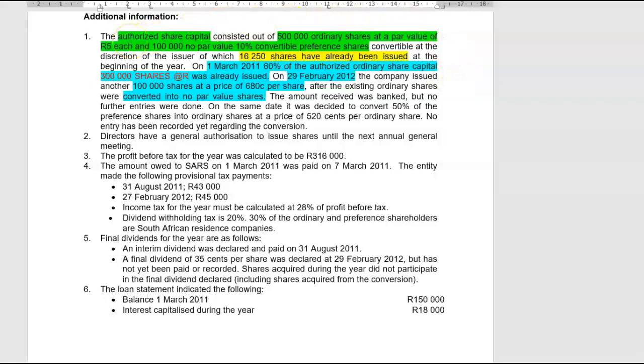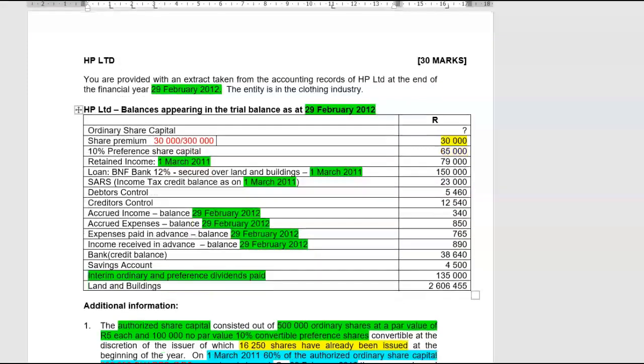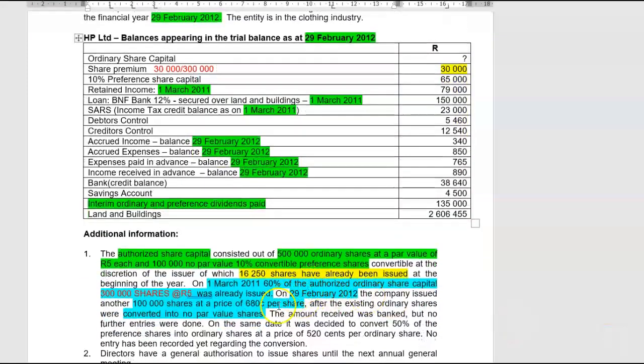Because that was the par value, and only the par value of the shares could have been taken to the share capital account. They actually give me share premium as at the beginning of the year. So what does that mean? That means that the share premium account of 30,000 was paid on 300,000 shares, which were issued at the beginning of the year.